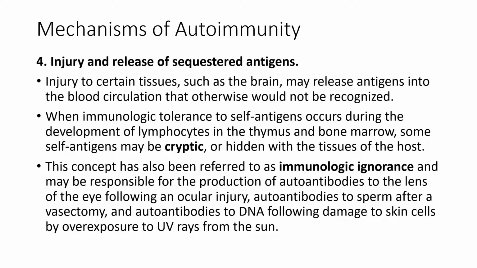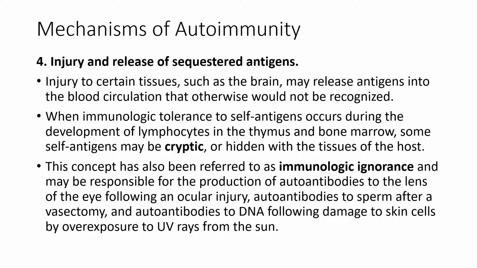Sequestered antigens. One of the ones that pops up with sequestered antigens is, say, the lens of your eye. There are certain proteins that are hidden from your immune system because of the nature of that protein being kind of cryptic or hidden in the tissues of the host.